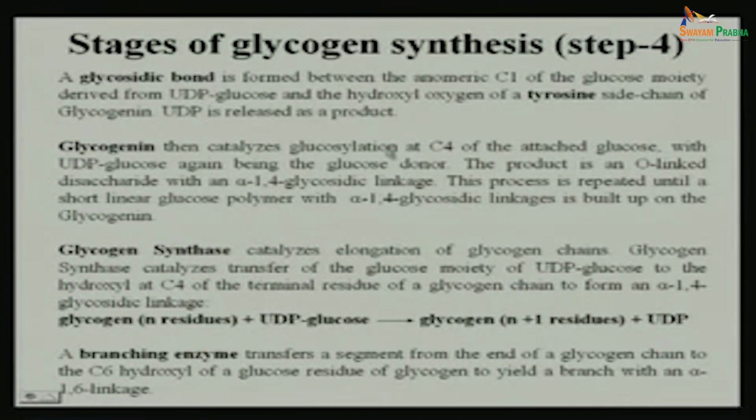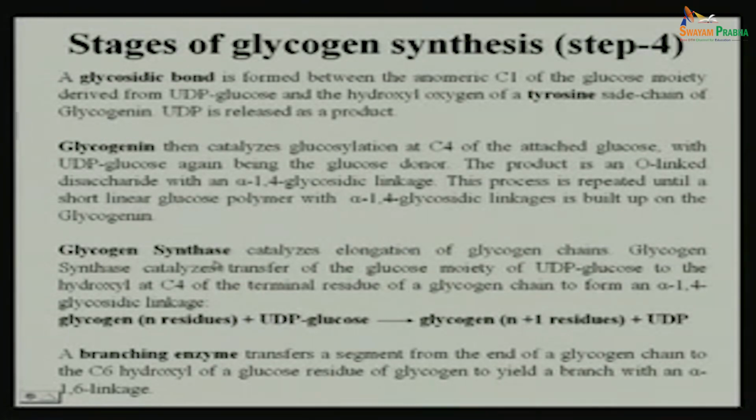Glycogenin then catalyzes the glycosylation at C4 of the attached glucose with UDP glucose, again being the glucose donor. The product is an O-linked disaccharide with an alpha 1,4 glycosidic linkage. This process is repeated until a short chain of glucose polymer is produced and alpha 1,4 glycosidic linkages are built up.